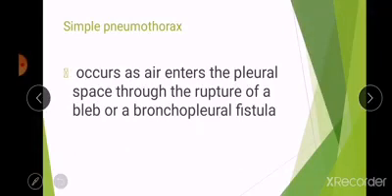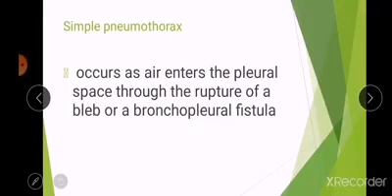We have two types of pneumothorax, your simple and traumatic. Sa simple pneumothorax, it occurs as air enters the pleural space through the rupture of a bleb or a bronchopleural fistula. Merong opening, okay, na maliit.